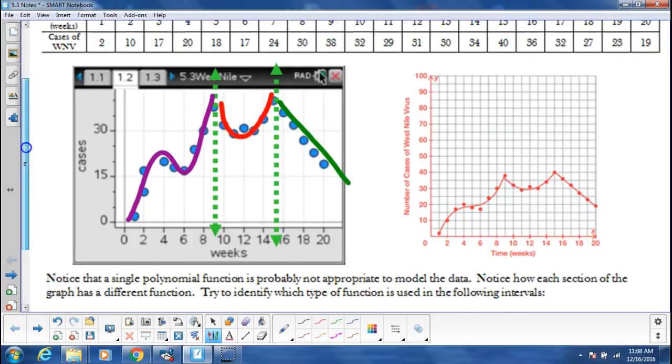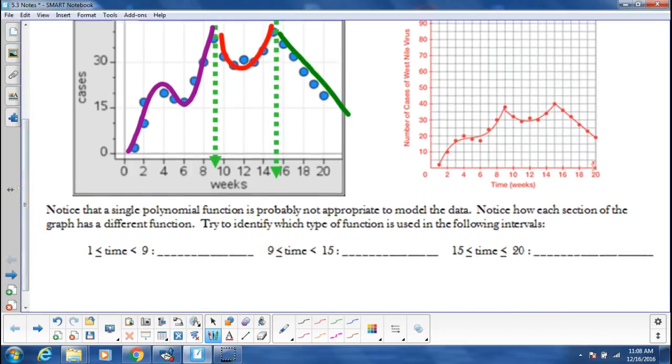So we just answered some questions here. Right here, this is 9, and this is 15. So from 1 to 9, you guys said that it was cubic, and I would agree with you.